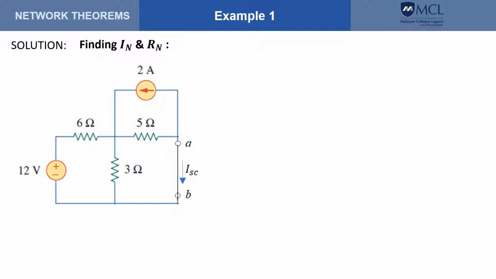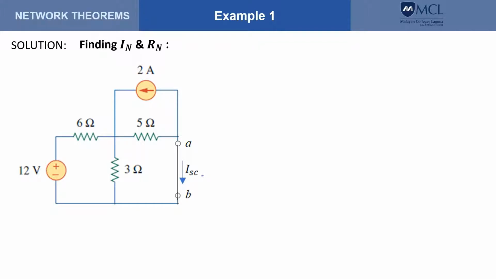So let's find I sub n and R sub n. We remove the 12 ohms and replace that by a short between the open terminals A and B, and determine the current flowing from terminal A to B. That current becomes our current I sub n.